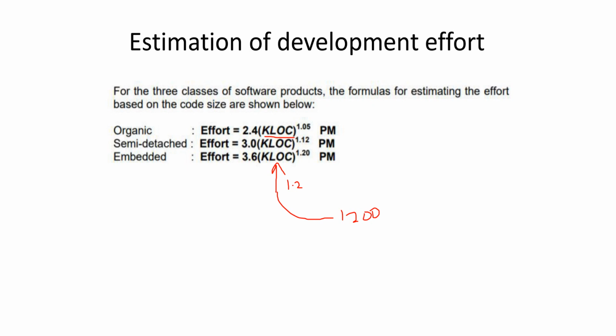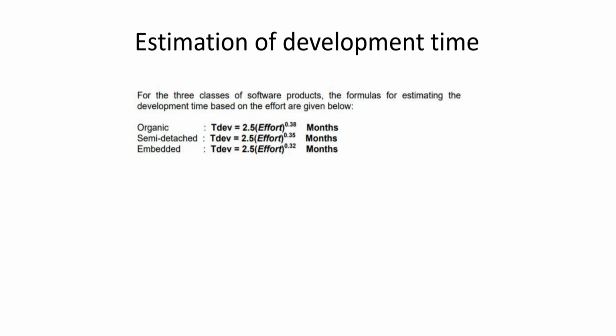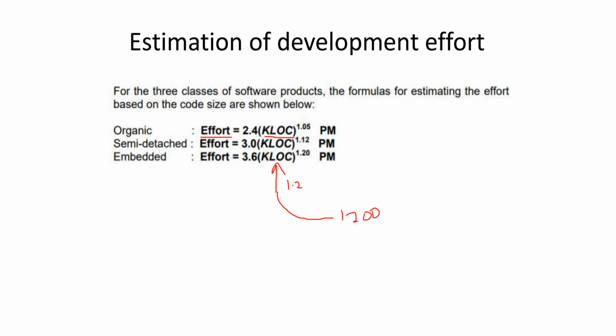Once you know the effort, we can use it to estimate the time required to develop a project with that much effort. The development time is also divided into three basic categories as per the projects, but in this case one parameter remains constant: this parameter is 2.5. The effort comes from the earlier equation, whichever equation you choose.